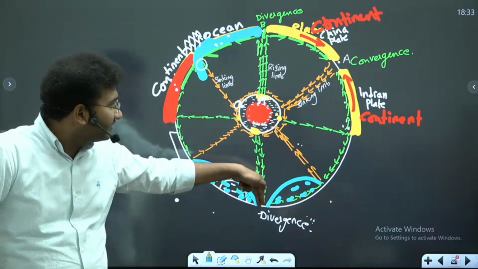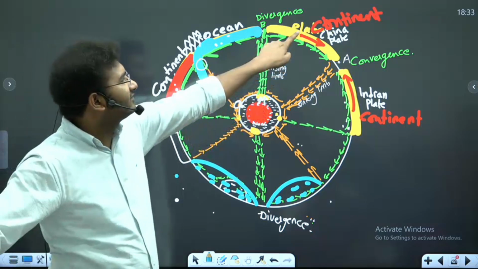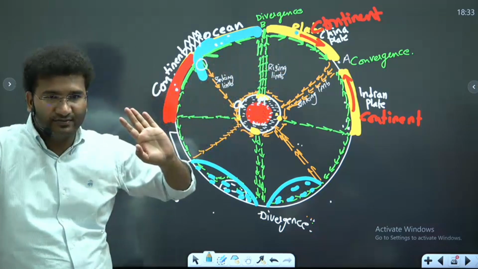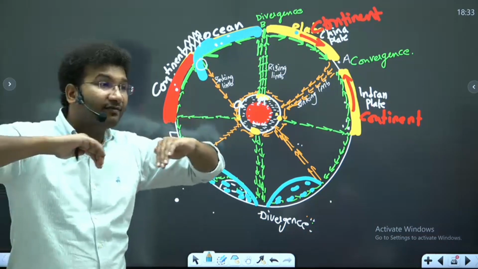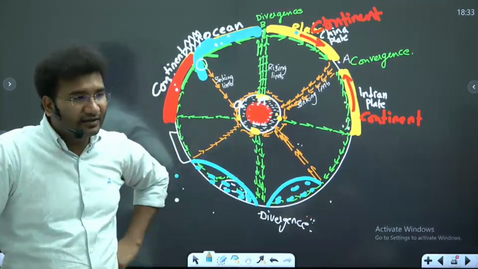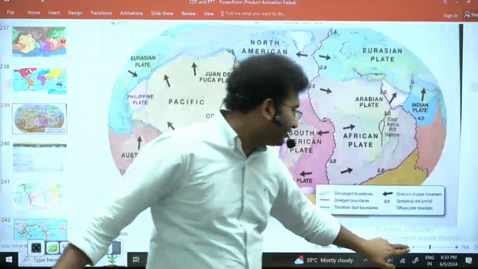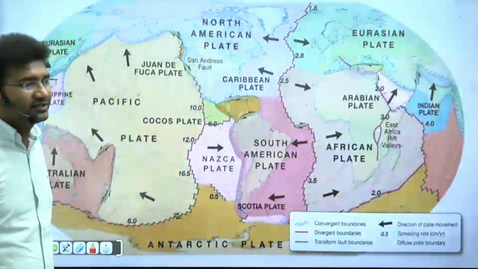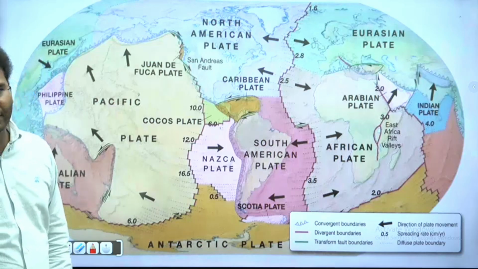There is rising limb, or else simply, ये जो rising limb है ना, you think that this is also ocean, this is also an ocean. Right? That means the ocean is getting rifted apart. Can that be possible in this diagram? Can you identify where this ocean is getting rifted apart? Africa and South American plate. Very good.